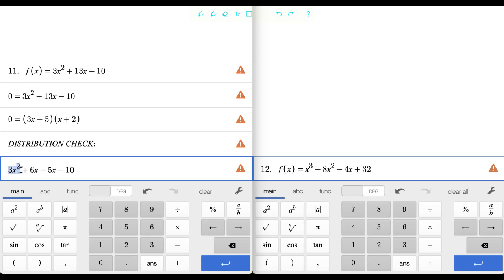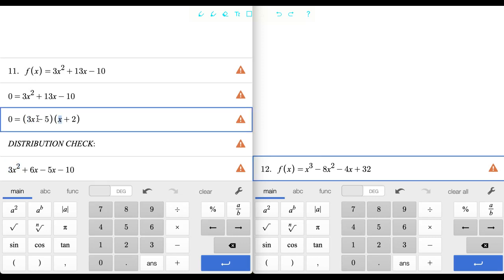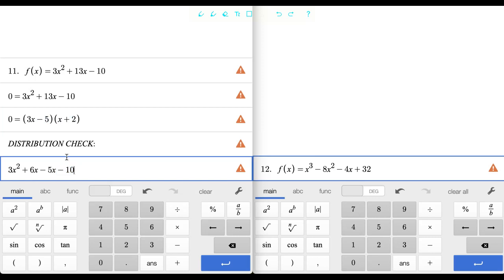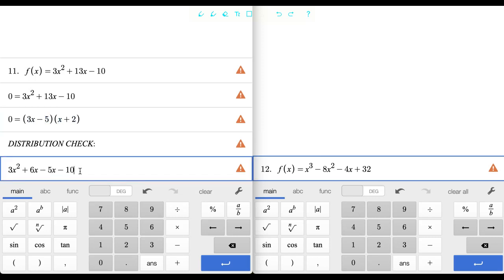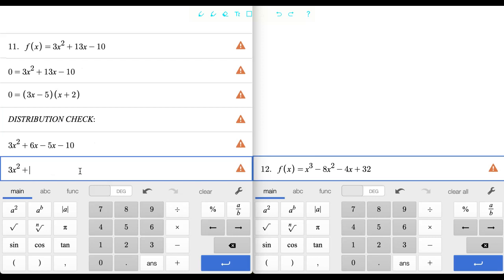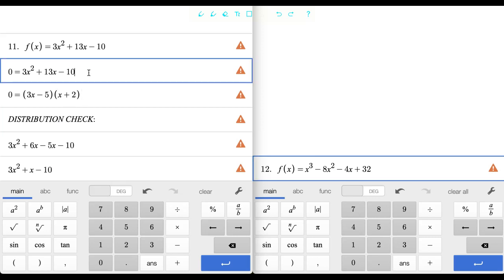The first term and the last term should definitely match because we controlled that, right? 3x times x is 3x squared. Negative 5 times 2 is your negative 10. The middle term is what you're really checking, okay? So the 3x times 2 is your 6x. Minus 5 times x is your minus 5x. So this becomes 3x squared plus x minus 10. It clearly does not equate to the original, so we know we factored it incorrectly.